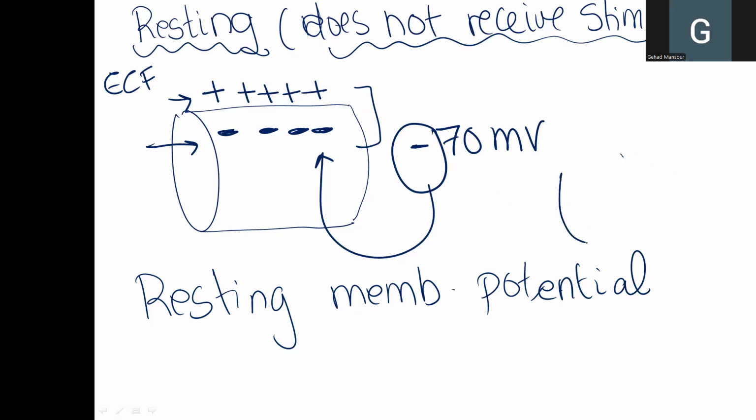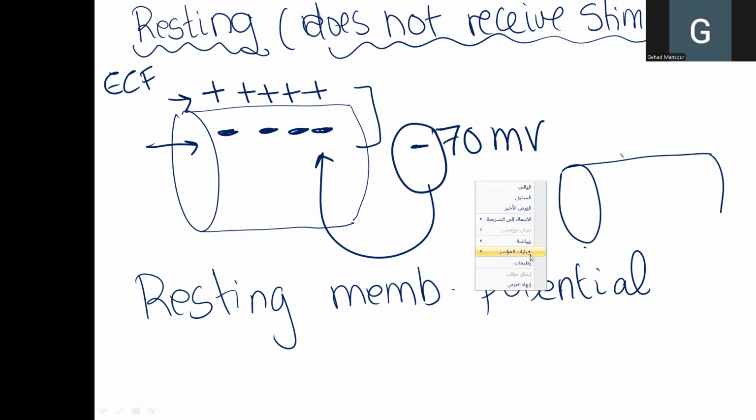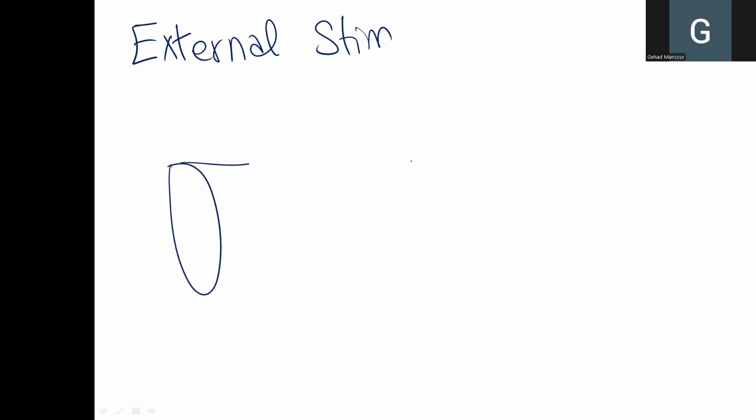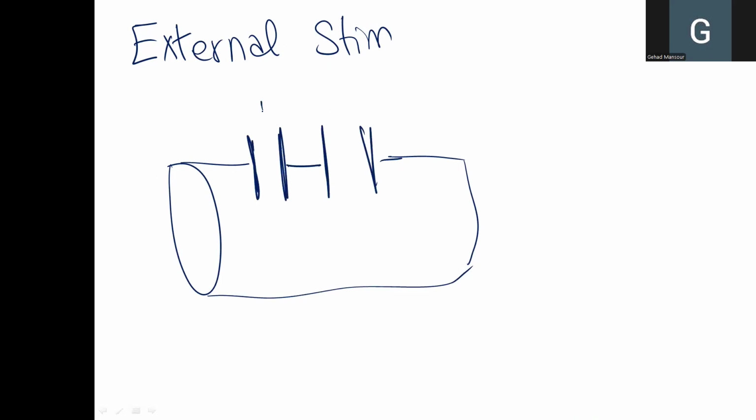But when the cell receives electric stimulation, what happens is that there is depolarization or reversal of polarity. I'm talking about normal cells, I'm not talking about unstable cells. Under normal conditions, if there is an external stimulation, there is opening of very rapid sodium channels that allow rapid entry of sodium ions from the outside to the inside.